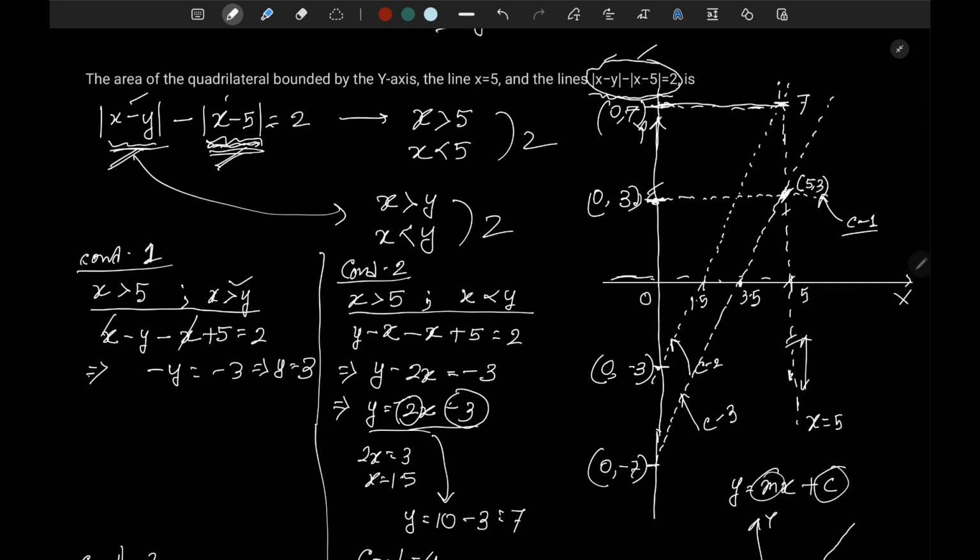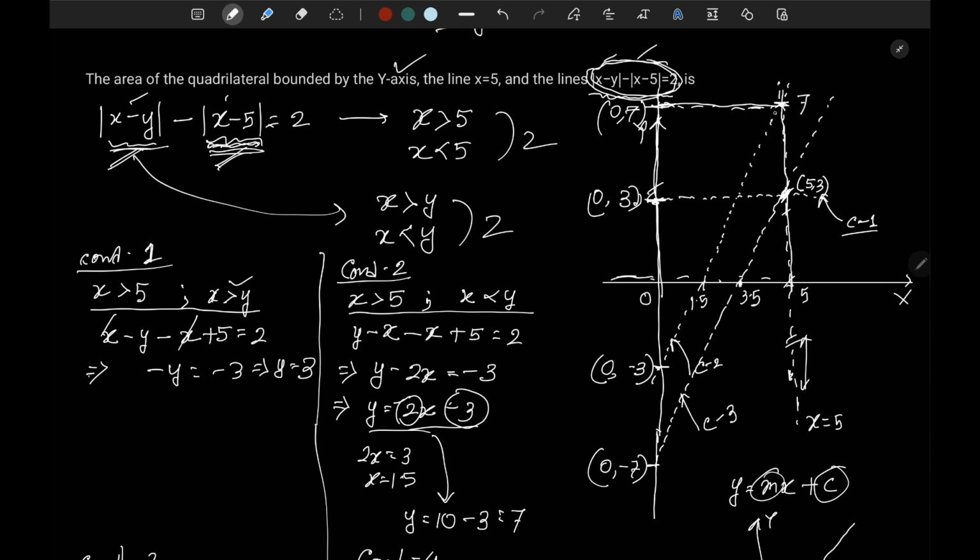Now let's look at what we had in the original conditions that were given in the question. So the boundaries we had: this y-axis, this x equal to 5 line, and this set of equations, right?